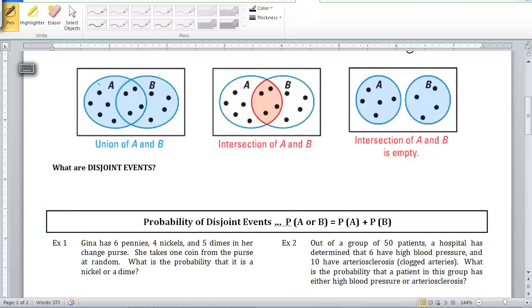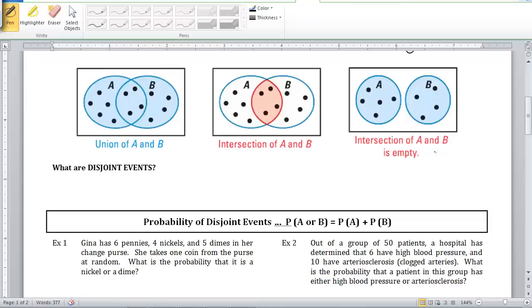Part of the possibilities from event A overlap with part of the possibilities of event B. Here in the second Venn diagram, we were only looking at the intersection of the 2. So you only cared about the times when both events A and B happen. And then lastly, notice there is no intersection of A and B. Those are what we call disjoint events or mutually exclusive.